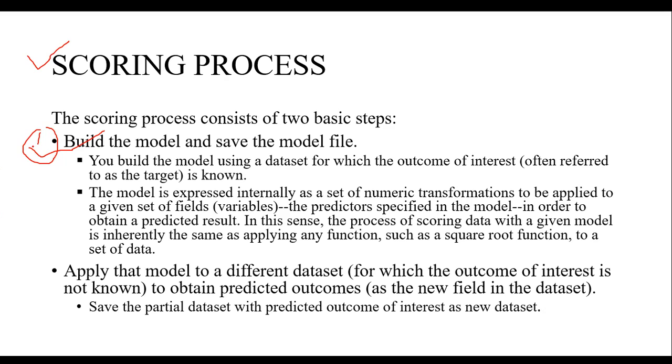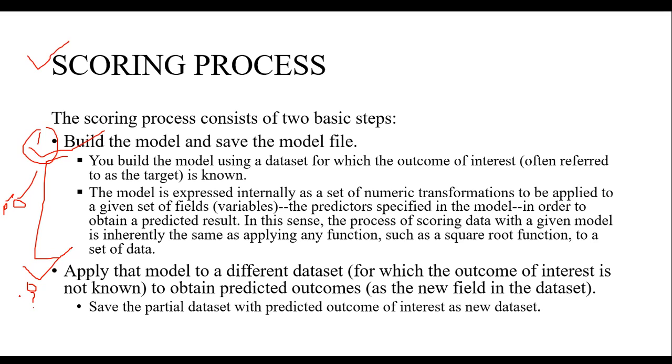So once you build the model and save the model file, then you apply the model to a different data set. When you originally built the model, you already knew the outcome. But in the new data set, the outcome is not known.